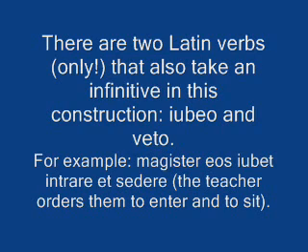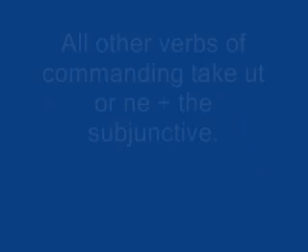Now, rather than looking at examples of that, I propose that we skip that for a moment. Keep it in your mind that those verbs, iubeo and veto, don't follow what we're about to talk about, this ut plus subjunctive usage, but rather use an infinitive just like English. When you see them in action later in this chapter, you'll see that it's not a problem at all.